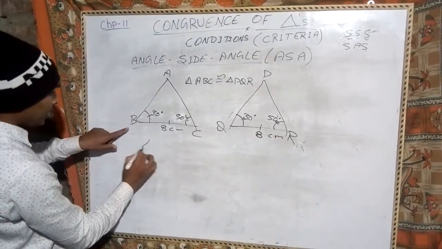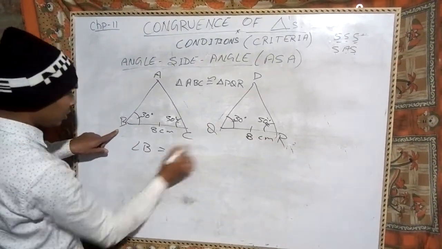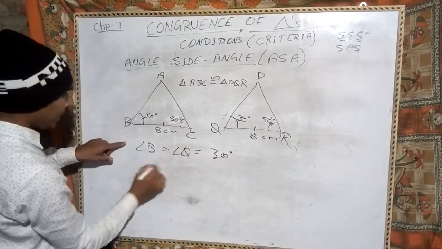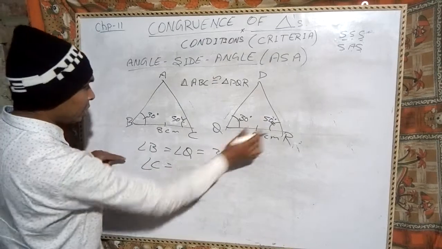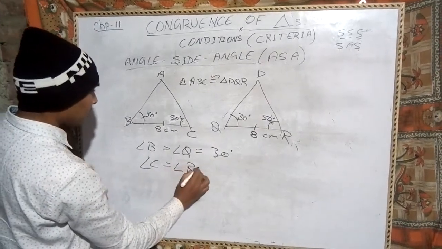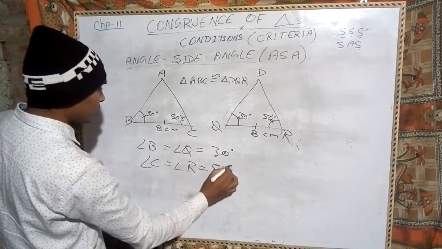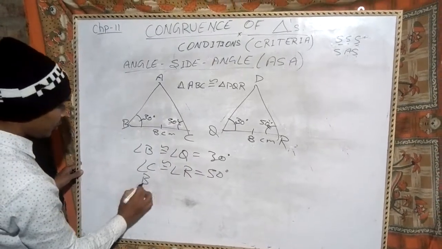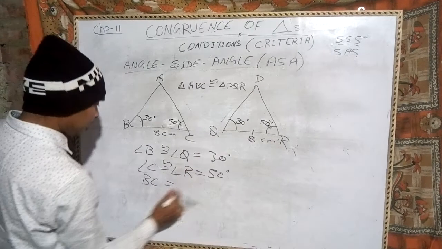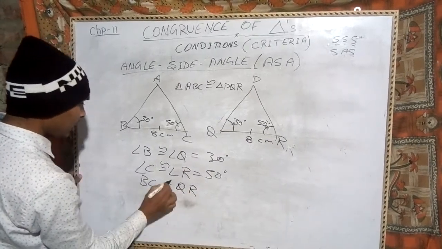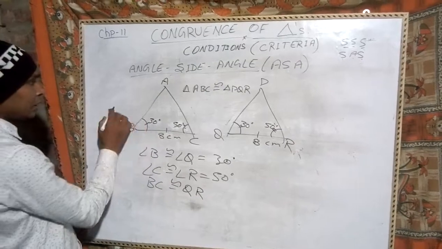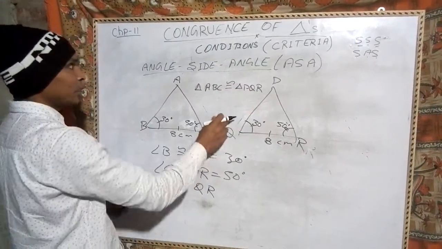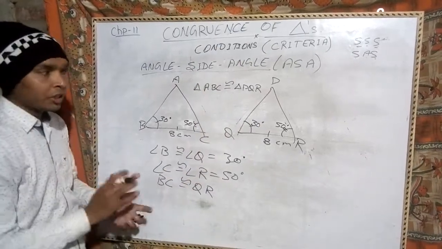Okay, then angle B equal to angle Q, both are 30 degree, angle C equal to angle R, which is 50 degree. So both are equal and similar, and this side BC is equal to this side QR, both are similar. So we can say triangle ABC is equal to and similar to triangle PQR, means both are congruent triangles.